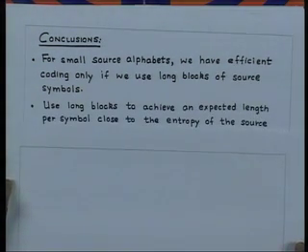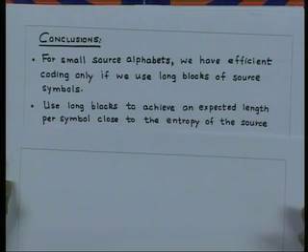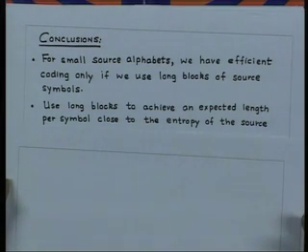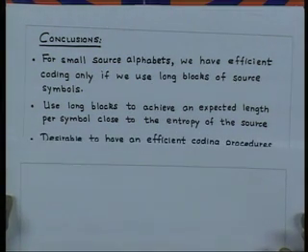If you want to achieve high efficiency or reduce the redundancy in the code, then we have to use long blocks in order to achieve an expected length per symbol close to the entropy of the source.